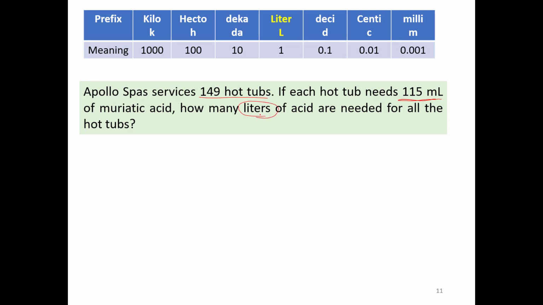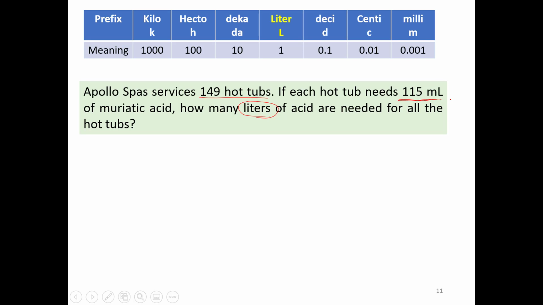Then what we can do first is convert the volume needed for one hot tub from milliliters to liters, and then we will take care of the last part. We can calculate the total volume of the muriatic acid they need. Then let's convert first.